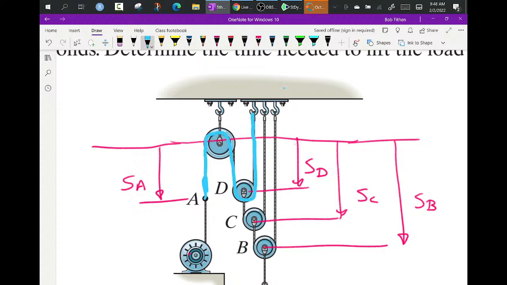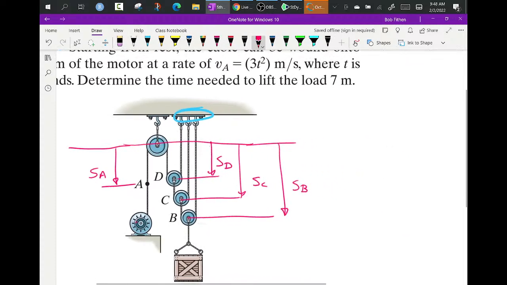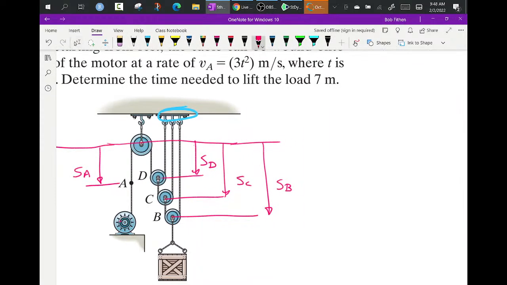So obviously I got 3 hooks right there. Then I have a rope that goes from here, here, and then a rope that goes from here to there. So I got to deal with all 3 of those. However, they're all within the range of something that's easy to deal with.